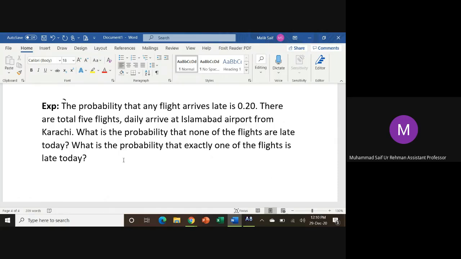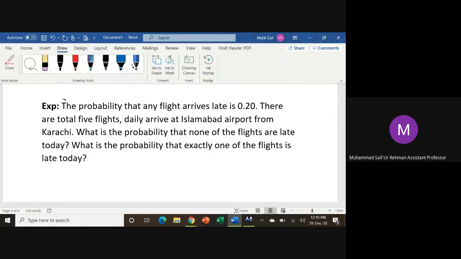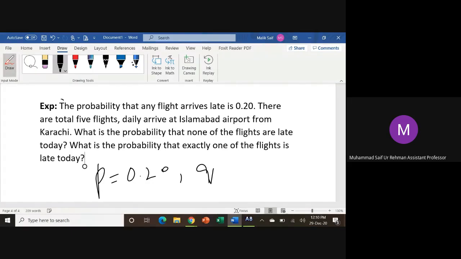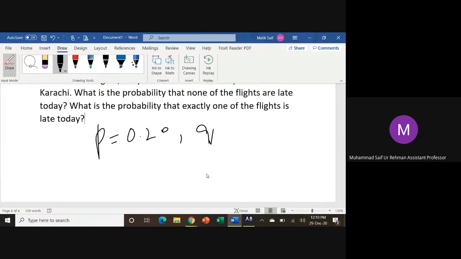I'm going to denote that with P. So probability of success, P is 0.20, late arrival. So Q you will find using the complement rule. According to the complement rule, the sum of probabilities is always equal to 1. So P plus Q is equal to 1. So Q will equal 1 minus 0.20.